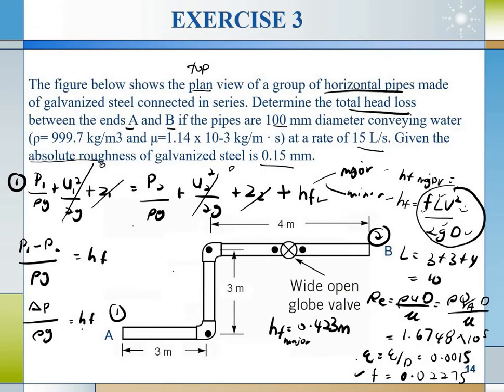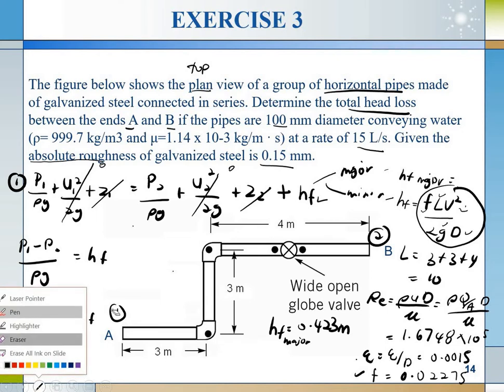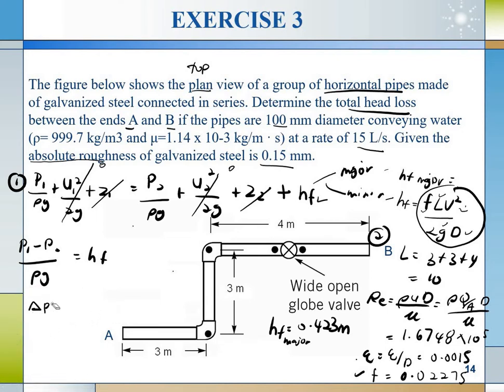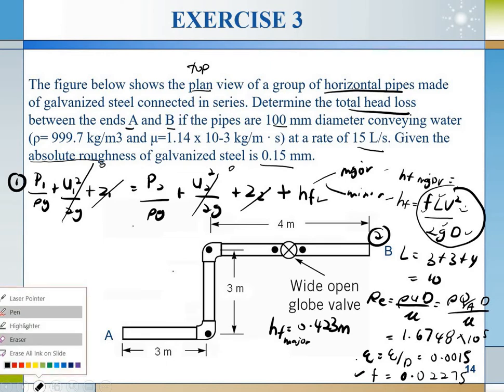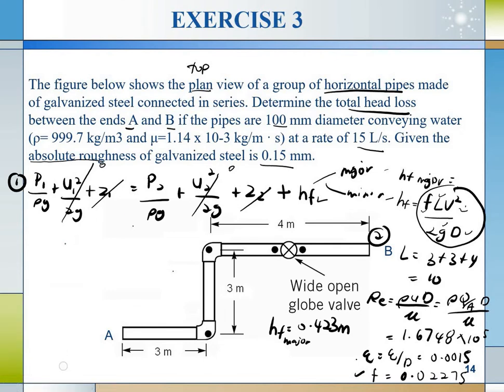I think I need to erase this part so that I can write the equation for the minor losses. For minor losses, I use the blue pen.